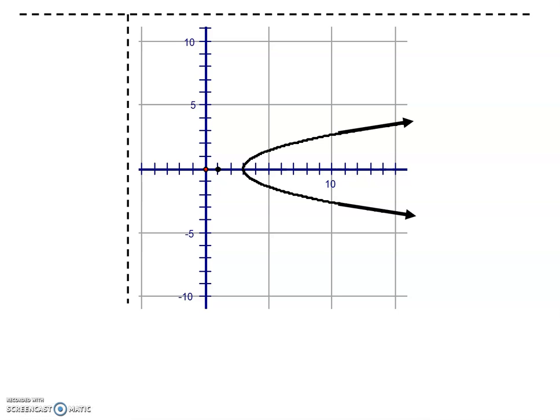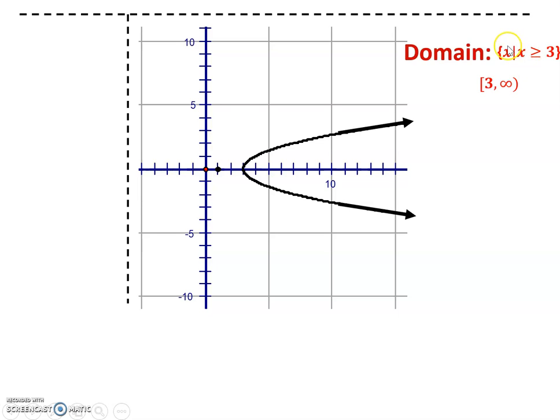Next example, let's write the domain. You can see, does this graph go right forever? It does. Does it go left forever? It does not. We are restricted right here. That's as far as it gets, positive 3. So x is greater than or equal to 3 is how we would write that.